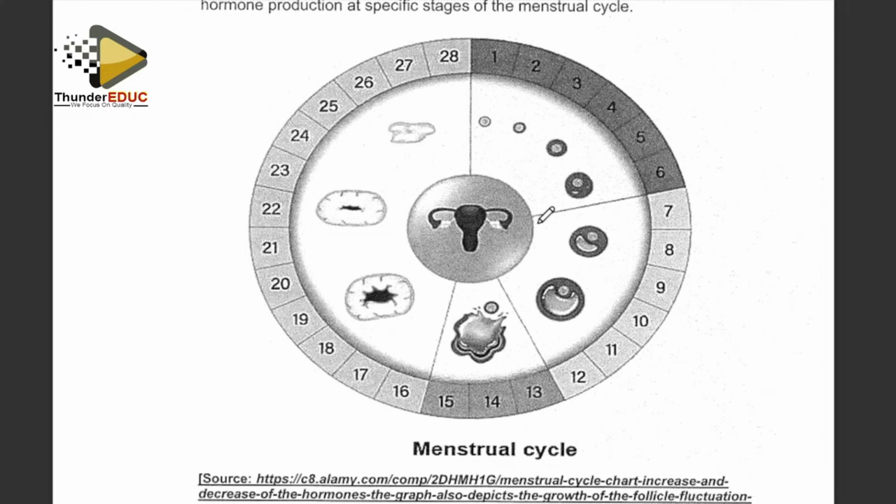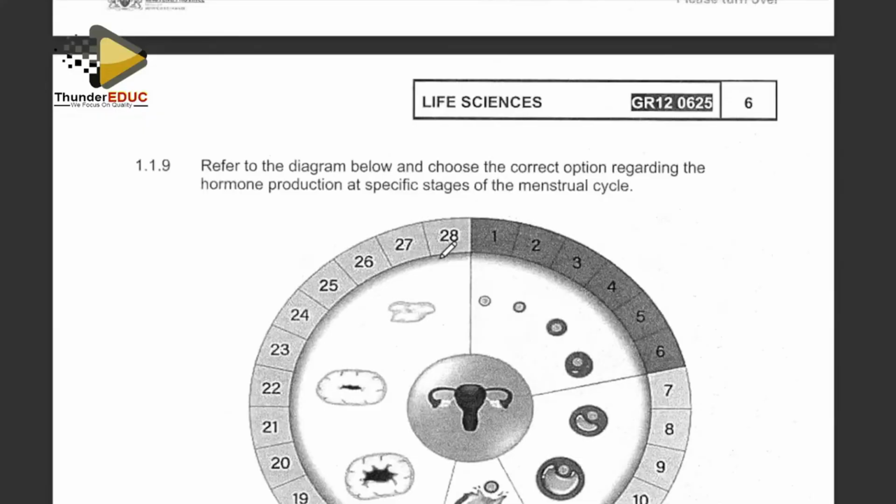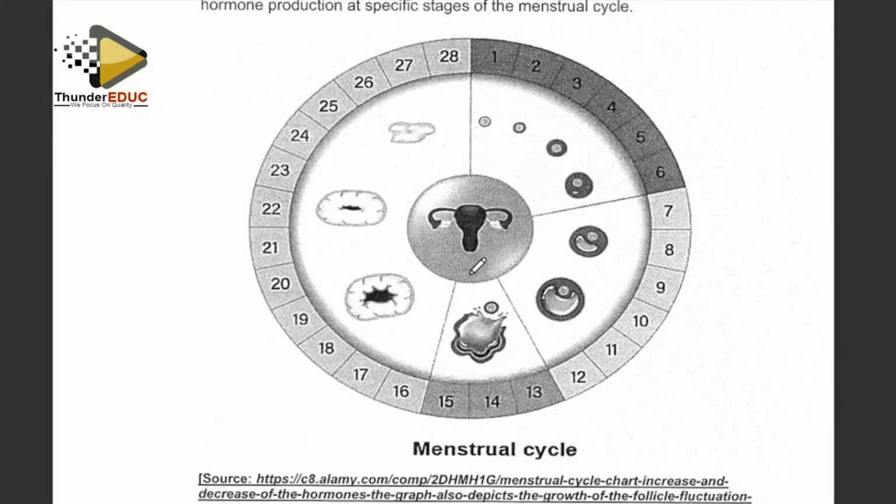What are they talking about on the menstrual cycle? They're saying to refer to the diagram below and choose the correct option regarding the hormone production at the specific stage of the menstrual cycle. All right, so remember that from stage 1, we find FSH being produced too much. This stage we find estrogen being produced too much.